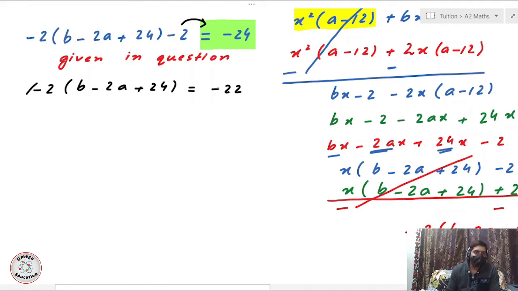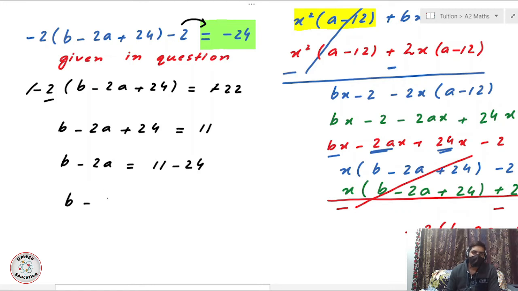Both the negative signs would be cancelled out, and this 2 would be divided by 22, and you'll be left with b minus 2a plus 24 equals 11, and b minus 2a equals 11 minus 24. Then you can write b minus 2a equals minus 13.